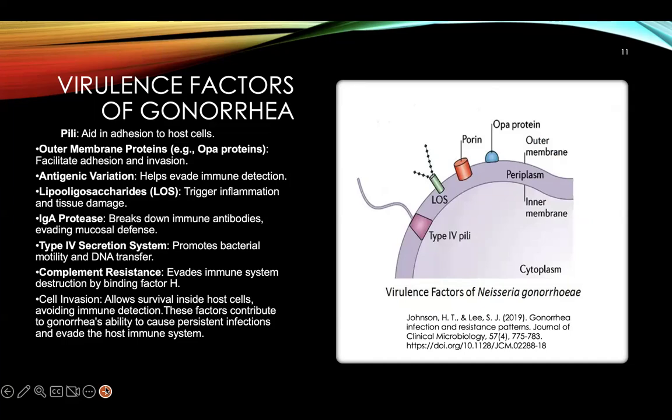IgA proteases, which break down immune antibodies and help evade mucosal defense. Type 4 secretion system, which promotes bacterial motility and DNA transfer. And complement resistance, which evades immune system destruction by binding factor H. And cell invasion, which allows survival inside host cells, avoiding immune detection. And these factors contribute to gonorrhea's ability to cause persistent infections and evade the host immune system.